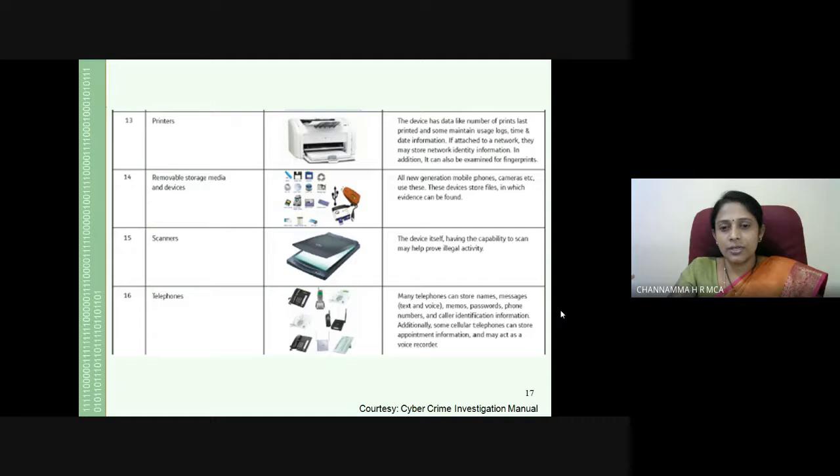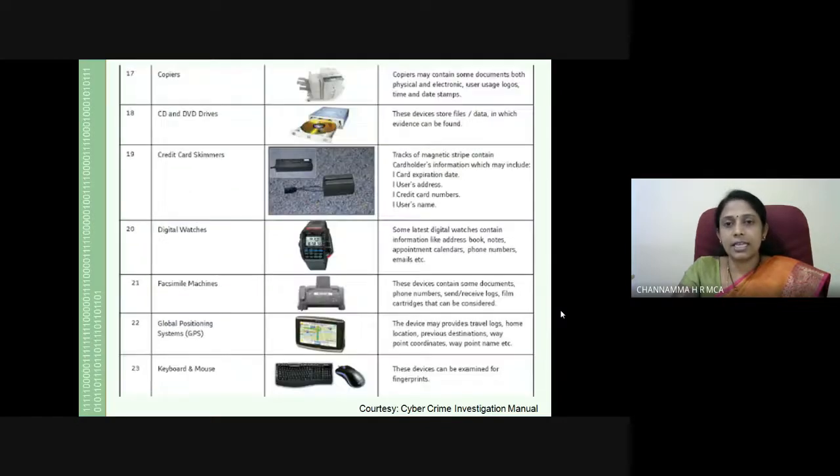And telephones. These kinds of telephones may not be there now, but in government organizations they will still be there. And copiers, that is the Xerox machine, is also a digital device, and CD or DVD drives, credit card skimmers, digital watches, facsimile machines, global positioning systems like GPS, keyboards, and mice.